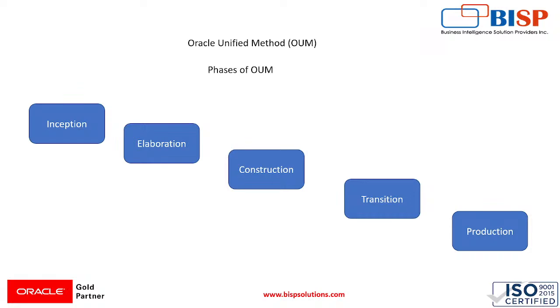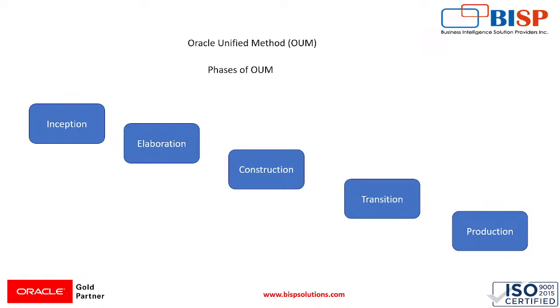Then we also have to provide training to the business units on the new system, so they can work seamlessly and without any problems or getting stuck. After that we have to migrate the data before going live. So all this comes under the transition phase.